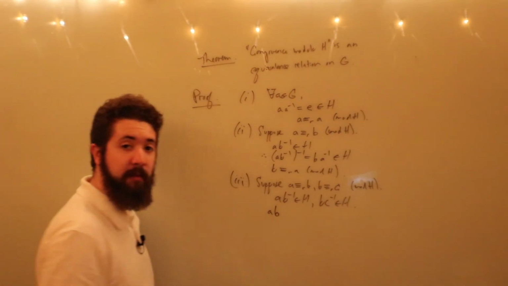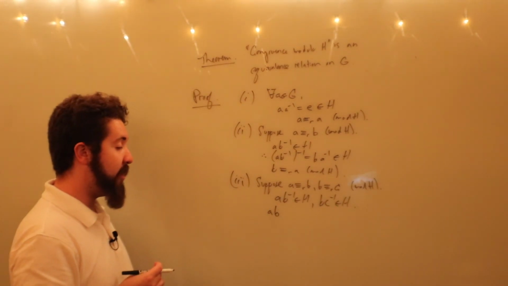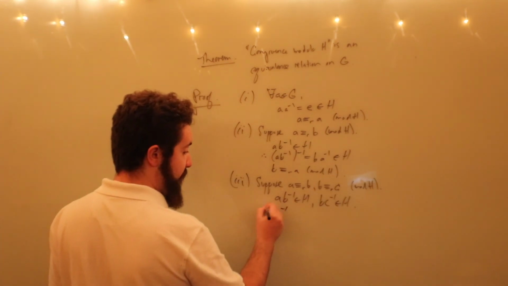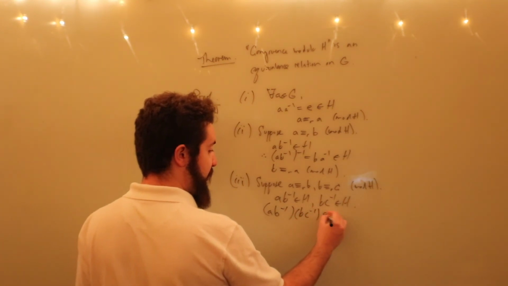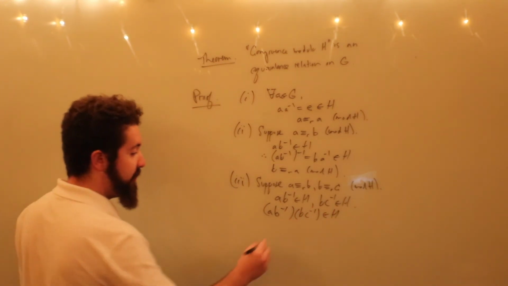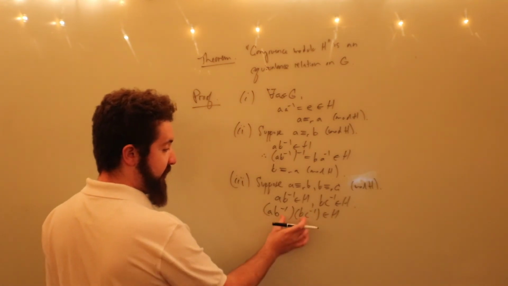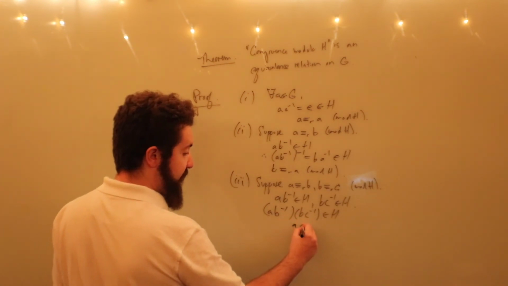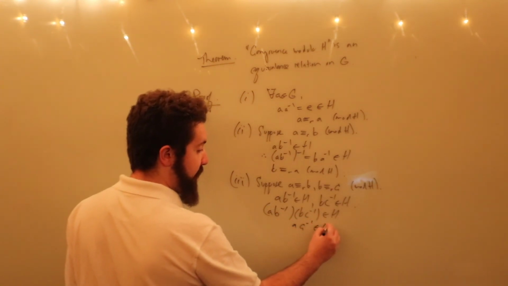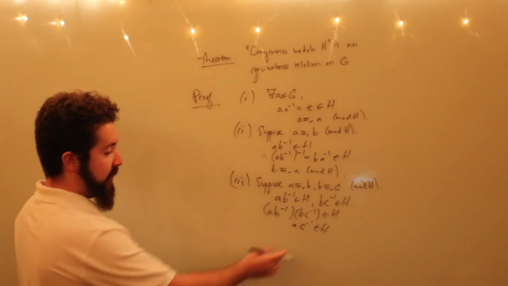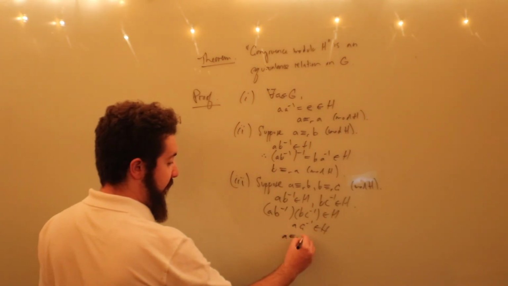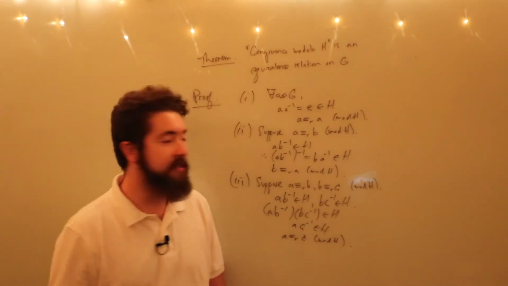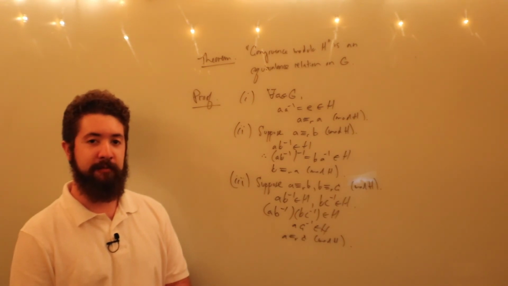Well, for any two elements in a subgroup, it's closed under the binary operation, so their product must also be in that subgroup H. So AB inverse times BC inverse must be in H. But by associativity, we can change the order of the parentheses, and B inverse B are going to annihilate, and we're going to get an identity element, so that this is just A times C inverse. And we said it has to be in the subgroup H, and by definition this means that A is right congruent to C mod H. So it satisfies all three axioms of an equivalence relation.